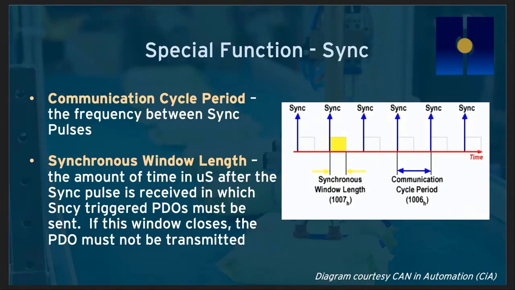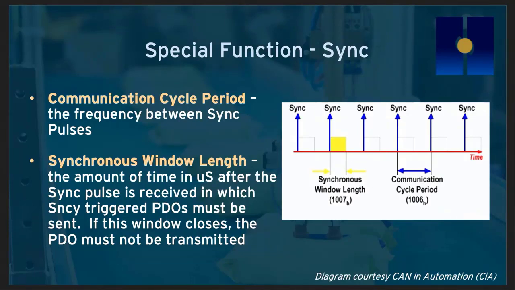Every slave receives the sync pulse at exactly the same time, and those that are configured to respond to that sync pulse will use that pulse to capture, as in the case of an encoder, the current position of the encoder at the exact instant the sync pulse was received, and then respond by sending back that current position. Now, it doesn't really matter whose position for which encoder gets back to the master first, because the data gets back quickly, and it was all captured at the exact same instant of time. So a very cool capability.